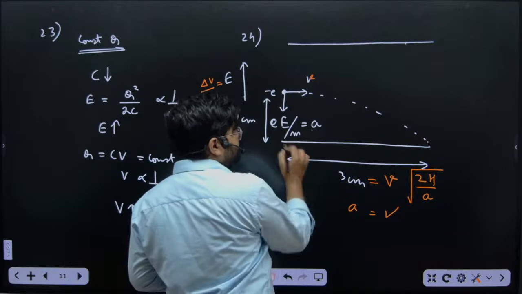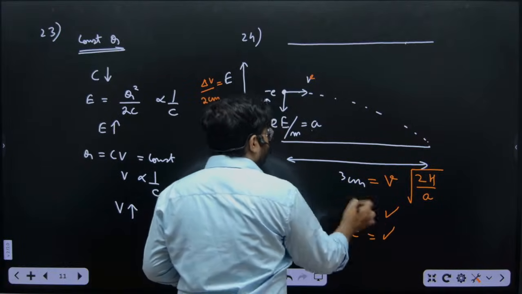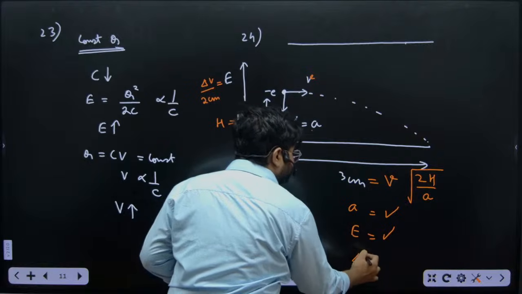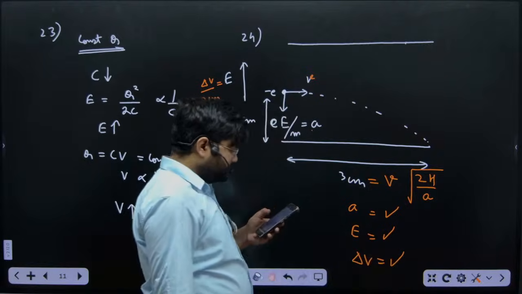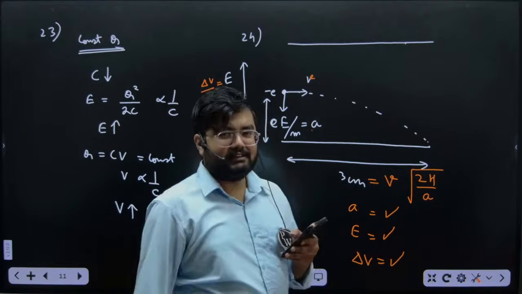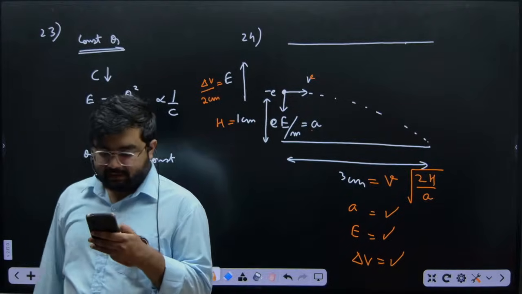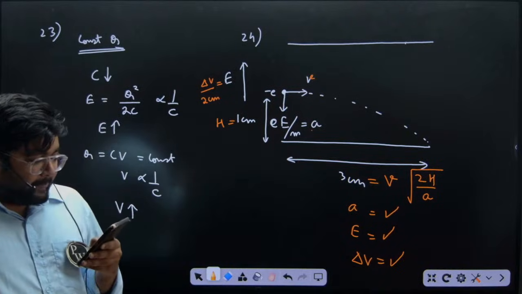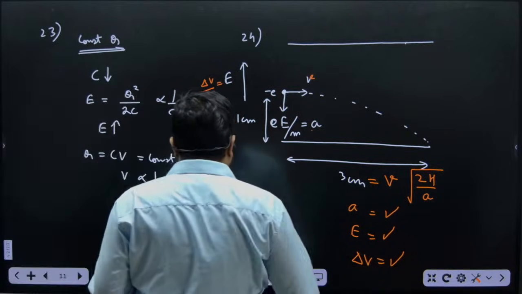If you get the acceleration, you will get the electric field, and if you get the electric field, you will get the potential difference. Okay, for 3 marks. I think this is a little tricky. Okay, moving on to the next question.